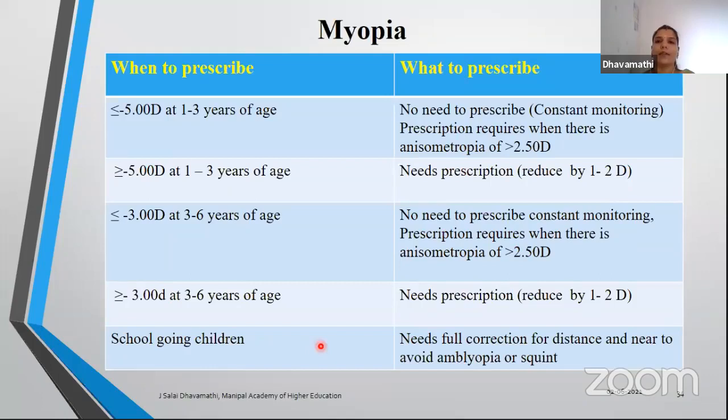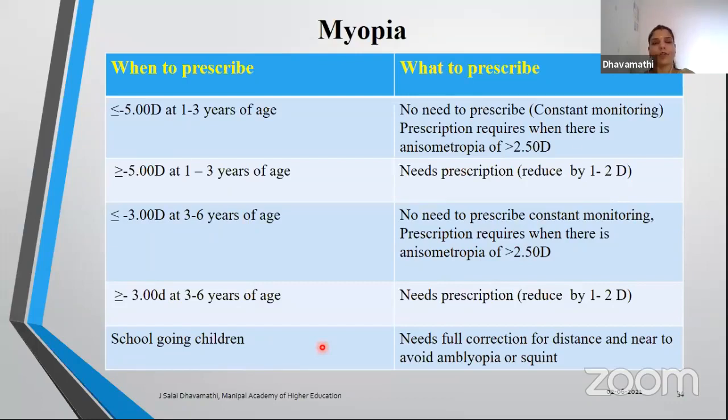Under optical intervention, we can prescribe either spectacles or contact lenses, or now orthokeratology has also become an option. And if the consultant feels he wants to put the child on a pharmacological intervention to reduce the axial length, then they can go with the atropine prescription, low dose atropine.